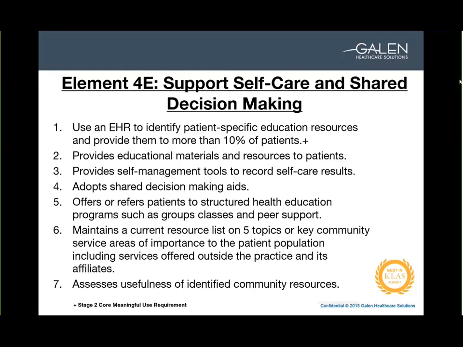What's your resource list? Smoking cessation classes, weight management, parenting, what is it that you post that these are services available to you outside? It can be on a bulletin board, it could be on a flyer. And then secondarily to that, number 7 is, do you query your patients and ask them, hey, how was that?